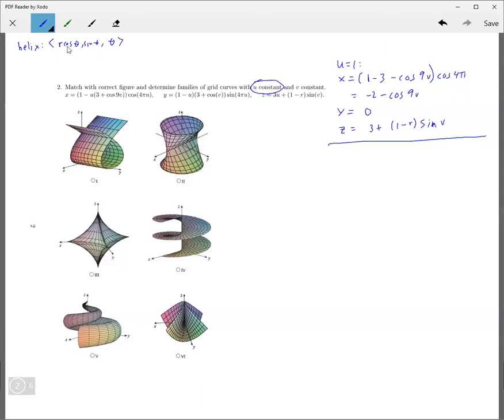That's going to give you a helix. Oh, this is r sine theta. So it's not a helix. Each grid curve lies in a plane that includes the x-axis, the circle of radius in the horizontal plane. Okay, so it's not in the horizontal plane. So this is a vertically oriented circle.